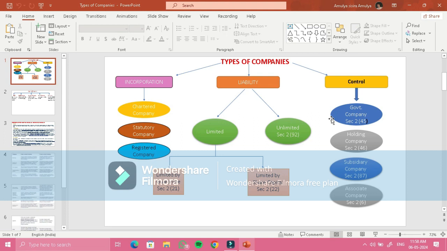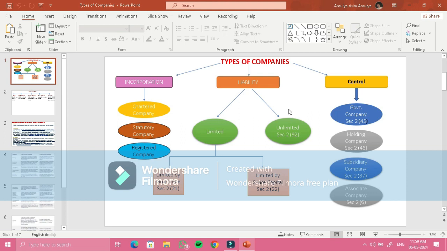Types of companies can be differentiated on the basis of incorporation, on the basis of liability, on the basis of control, or else on the basis of place of registration, basis of legality.